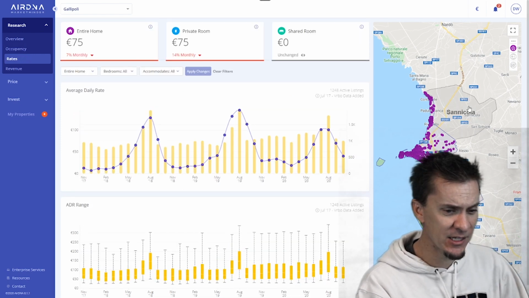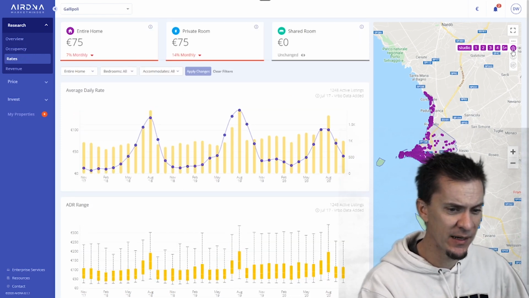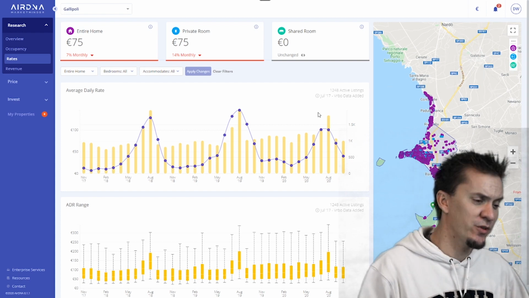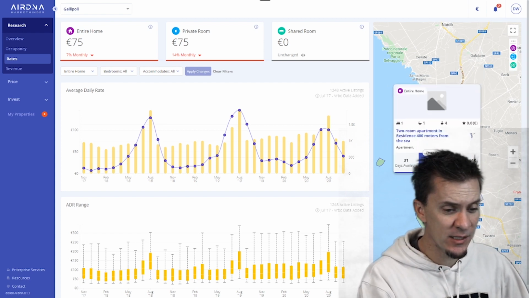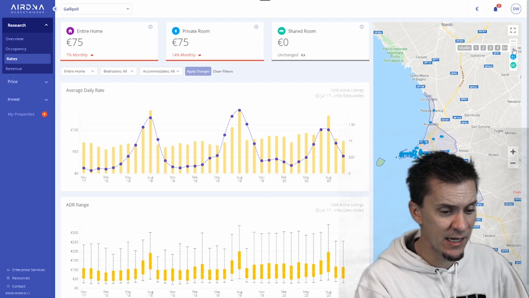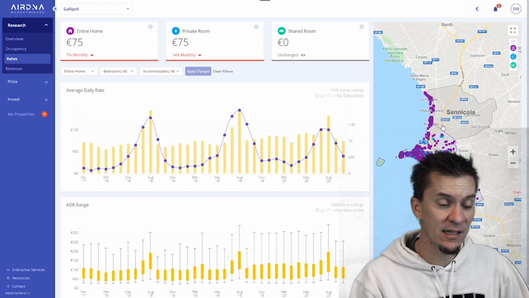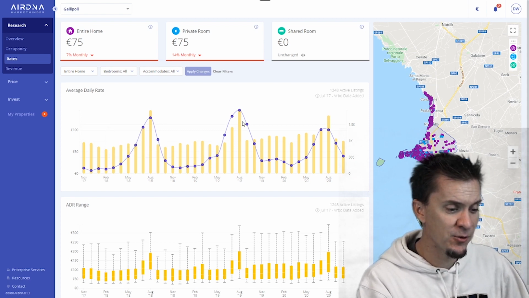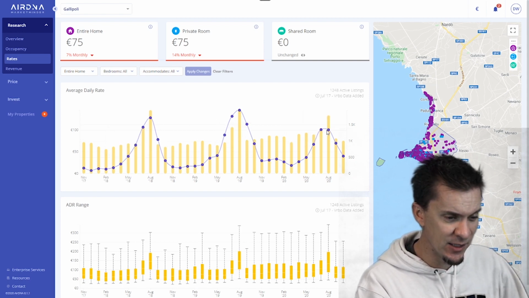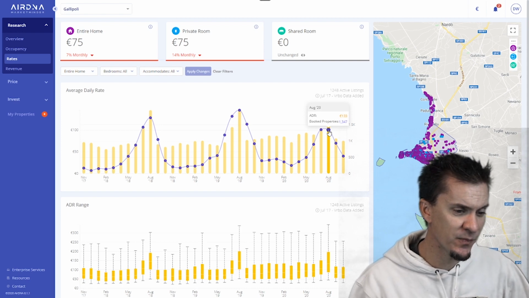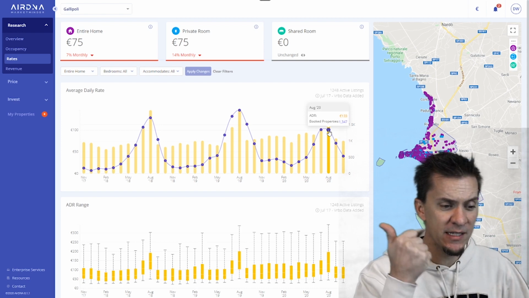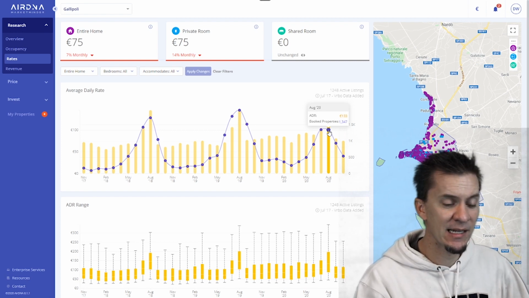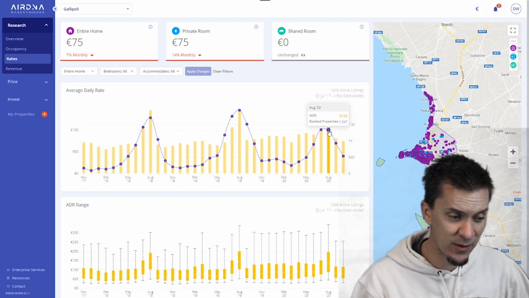Here in our rates section, you can still see over here on the map, and I can filter it by all of the properties or just the entire homes. And it looks like the majority of the market are entire homes here in Gallipoli. We can see the average daily rate and how it behaved through 2018, 2019, and you can see that big drop between, you can see the difference in booked properties and the average daily rate, and how they both decreased slightly for the entire 2020, right?